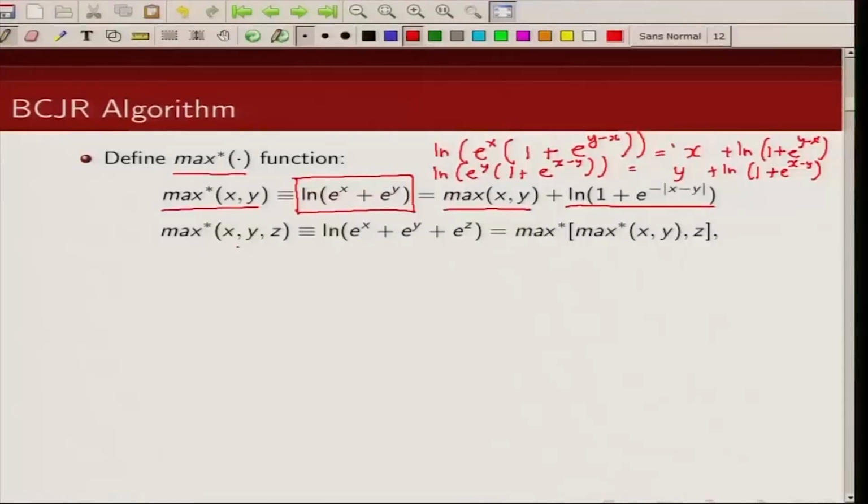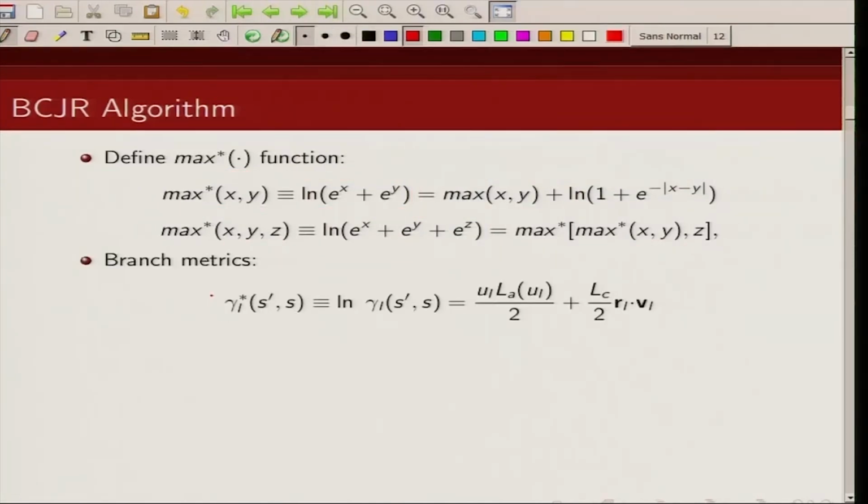So, if you want to find the max star of x, y and z, then I can write it as the natural log of e to the x plus e to the y plus e to the z, and I can do max star of x and y, and then take the max star of that result with z. So, I can iteratively apply this max star operator to compute quantities of this form, which is the log of summation terms. Now, where do we encounter log of summation terms? I will come to that.